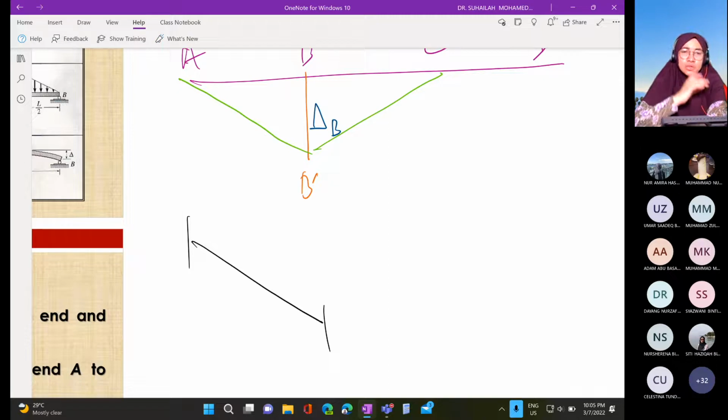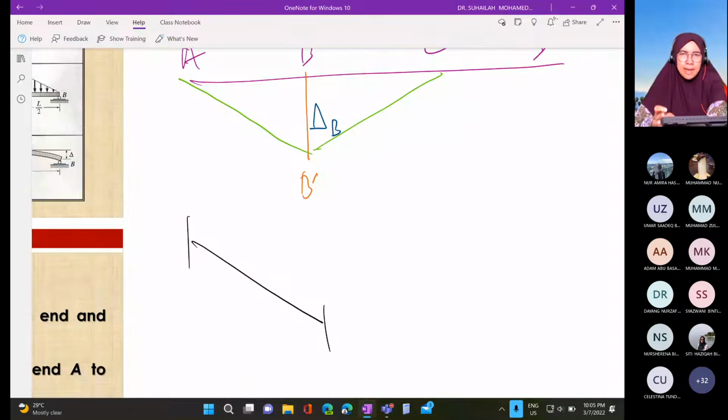Original is horizontal. We want to apply moment to push the beam to move back to its original position.